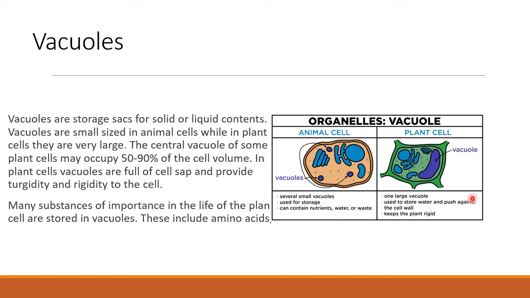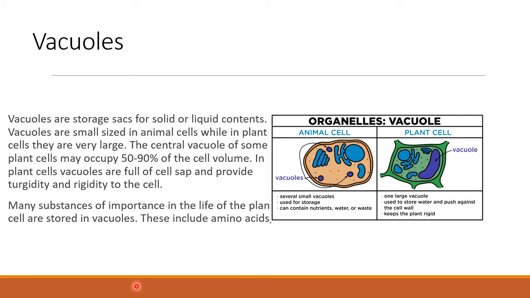So vacuoles store the waste products, and in some cases large waste molecules are also broken down here. Vacuoles not only store waste materials, but also some useful materials, for example amino acids, sugars, organic acids, and some proteins which are essential for the functioning of the cell.